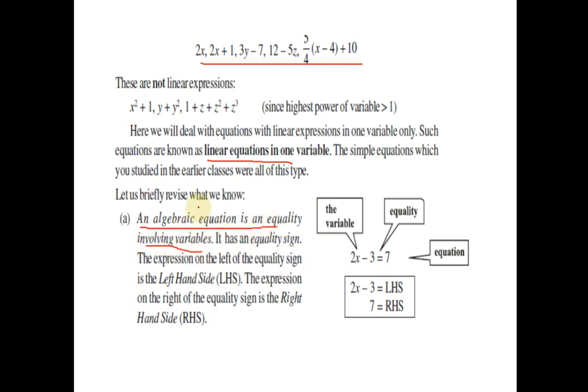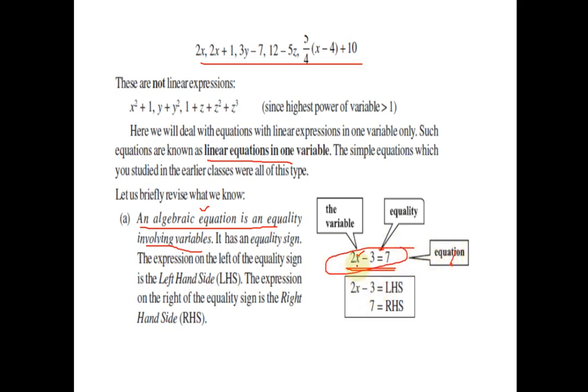Whenever you talk about an equation, there must be an equal to sign. So in an algebraic equation, you must have the variable, the equality, and the whole thing is called an equation.